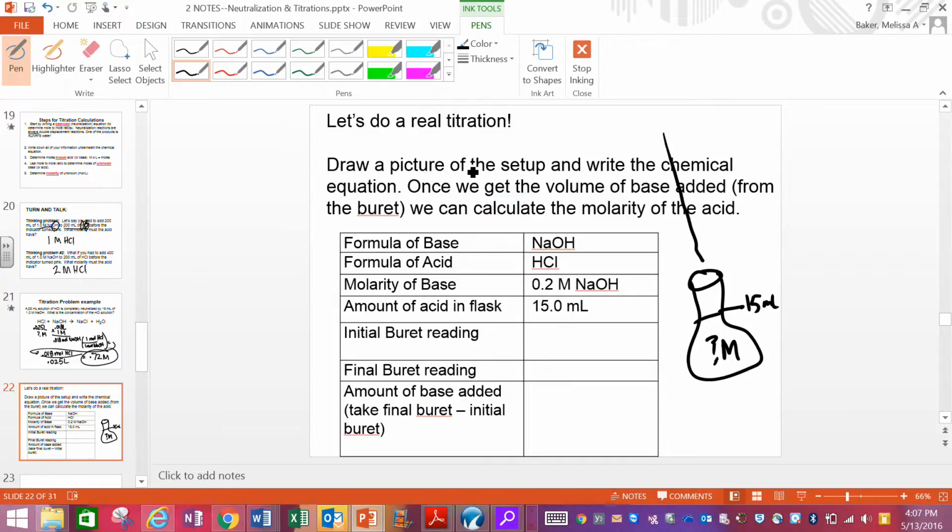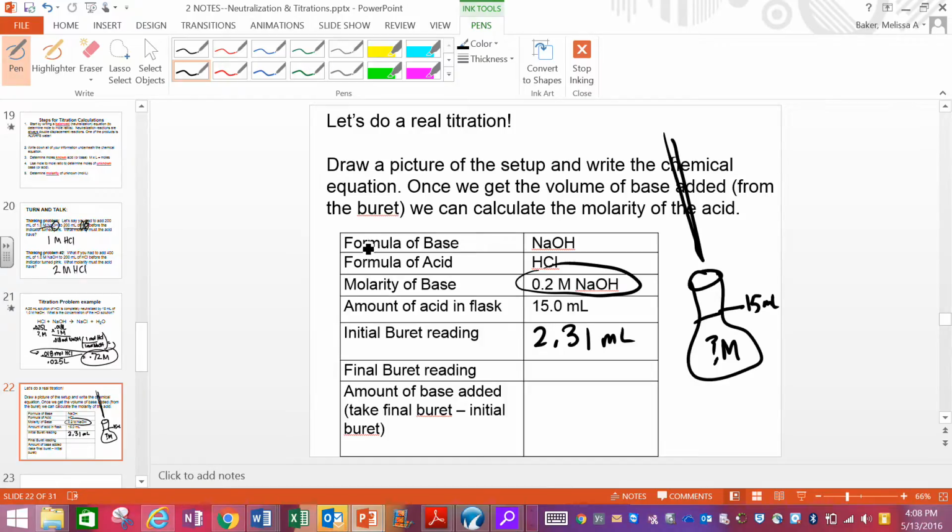Above it, in something called a burette, we're carefully adding this 0.2 molar base. And burettes read backwards. So let's say the initial burette reading is 2.31 milliliters. The final reading's actually larger, again, because they read from 0 down to 50.